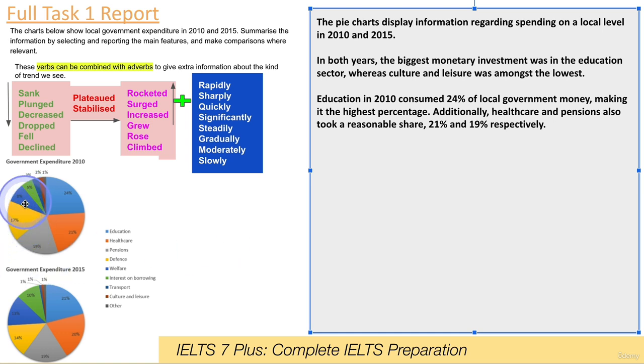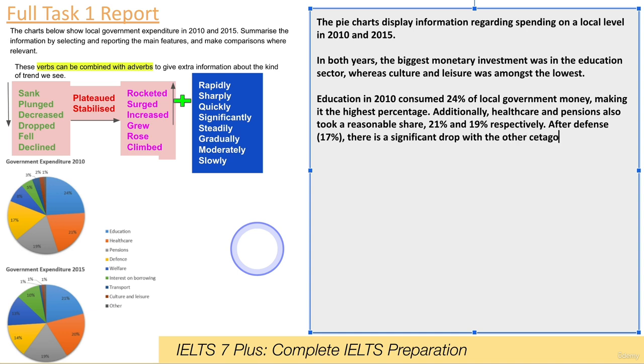Or maybe we could talk about the drop between defence and welfare here. So after defence, and I like a bracket, we can do 17%. There is a significant drop with the other categories regarding spending.